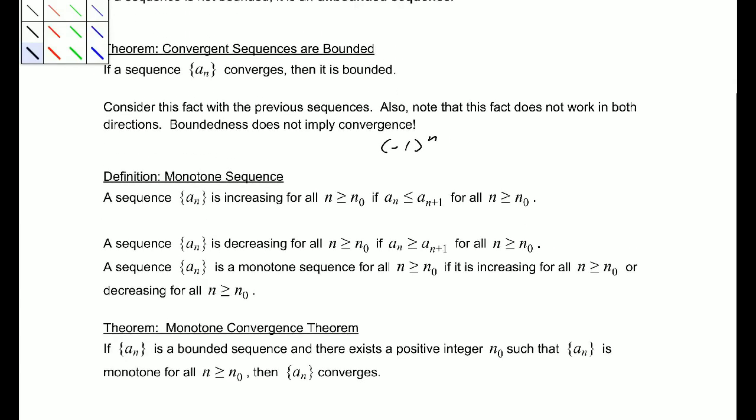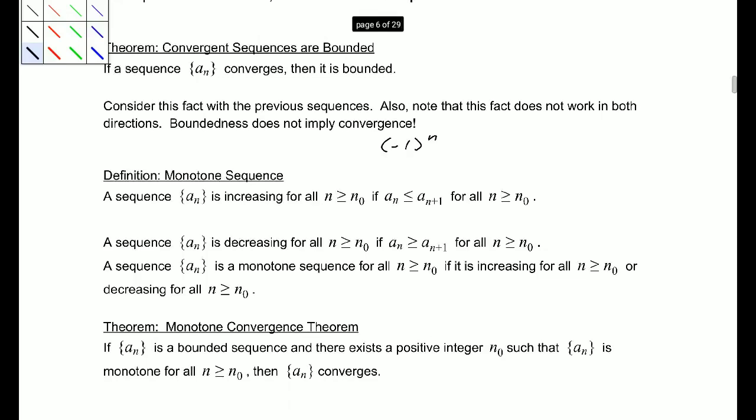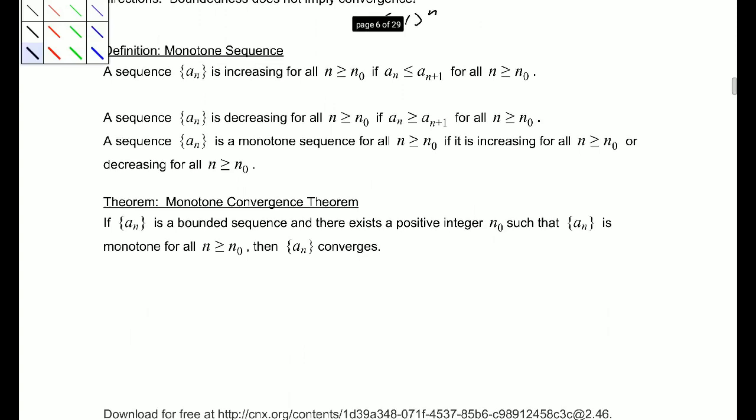All right, next we have the idea of a monotone sequence. Something is increasing if the next term is always greater than the last term. It's decreasing if the next term is less than the current term. And it's monotone if it's either one of those, either increasing for all values past a certain point, or always decreasing. Here we have a theorem we are going to apply.